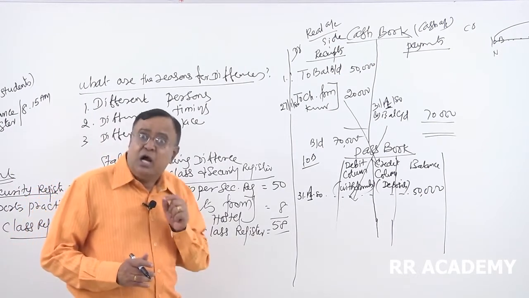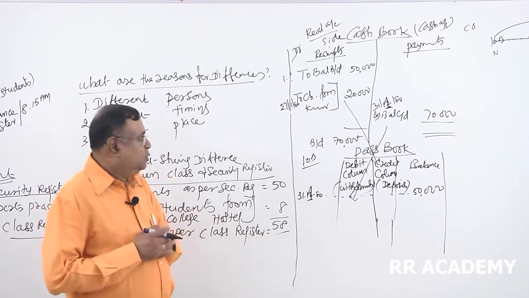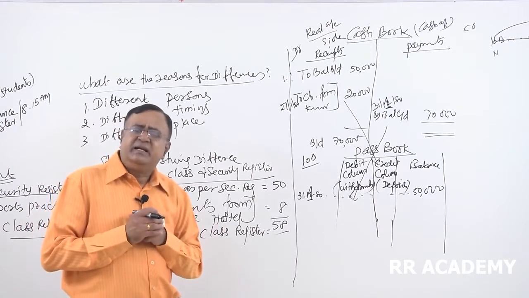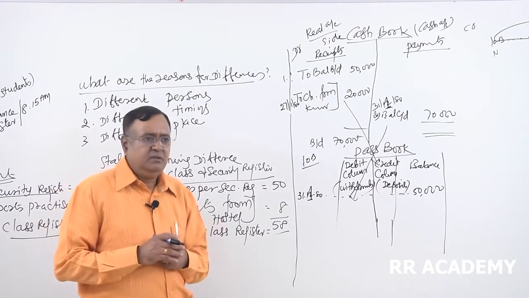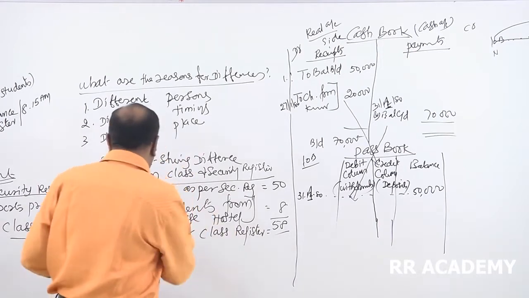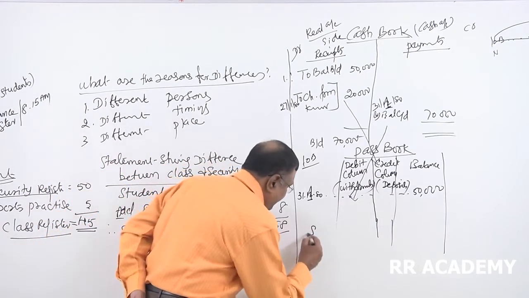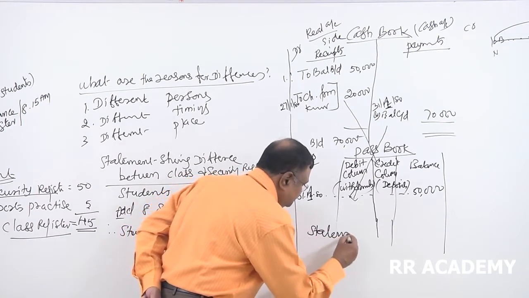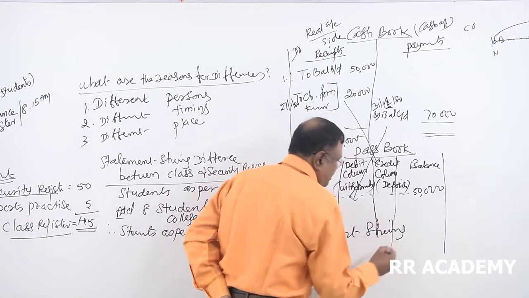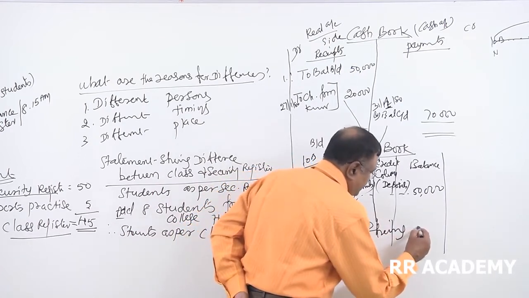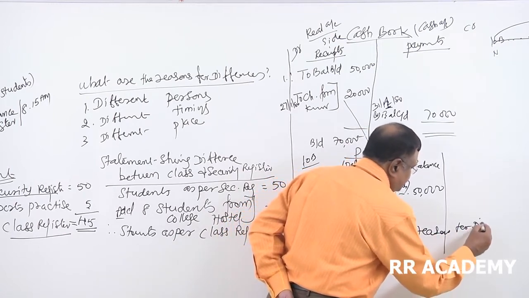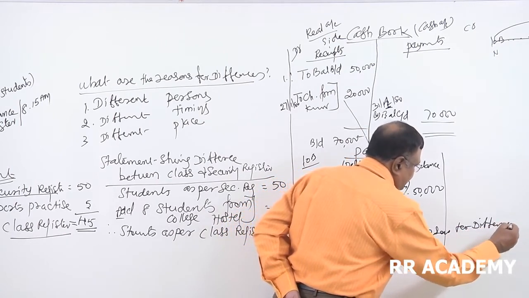So, what should the accountant do? Oh, yes, sir. 70,000, 50,000. Which is the correct balance? Sir, please wait. I will prepare a statement showing the reason for the difference, or simply called a bank reconciliation statement.